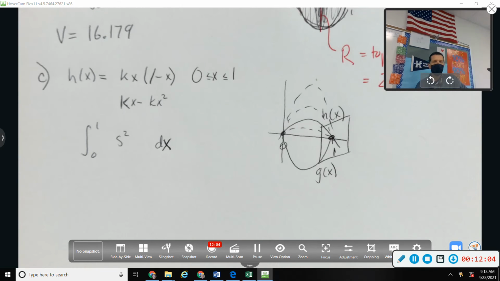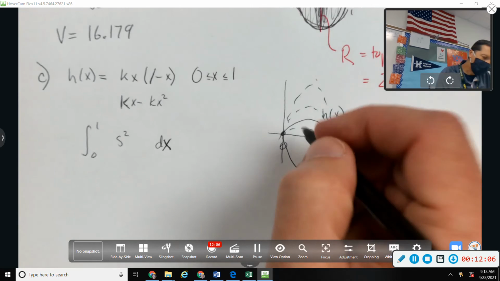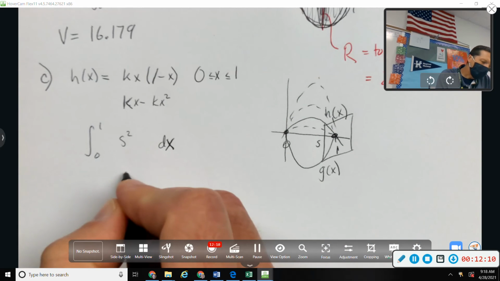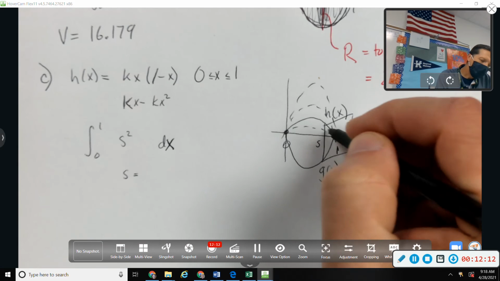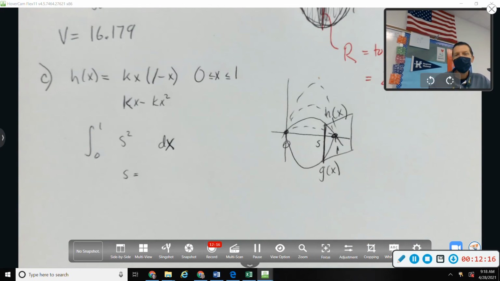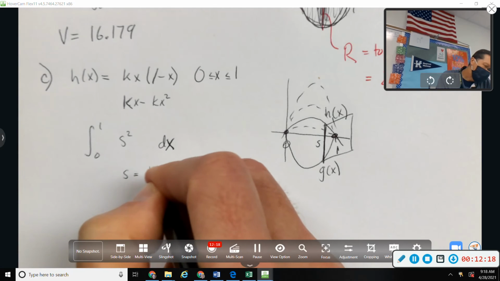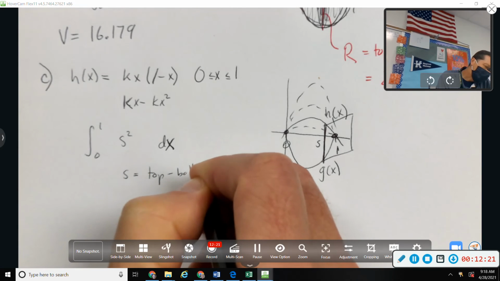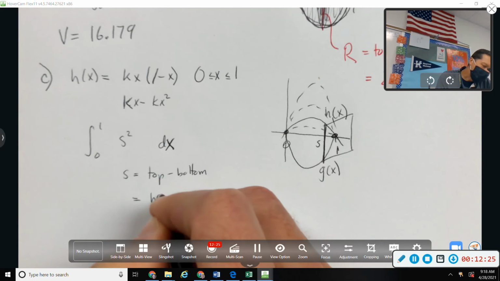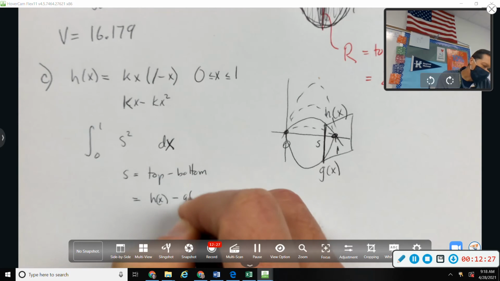We're going to add up all the squares. Squares are easy. That's just s squared. And s for this picture would be, anytime you want a length on a graph, it's always top minus bottom. Top graph or line minus the bottom one. So that would be h of x minus g of x.